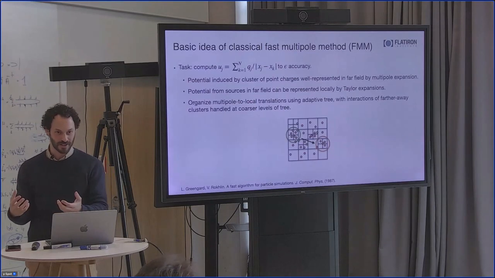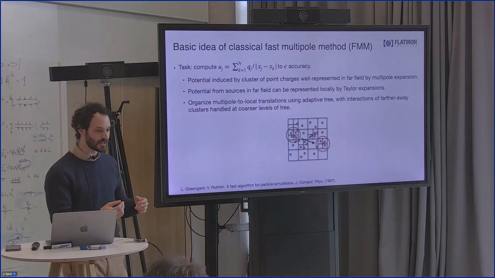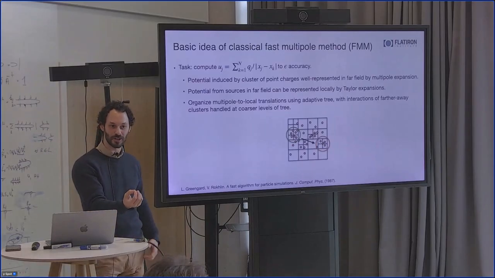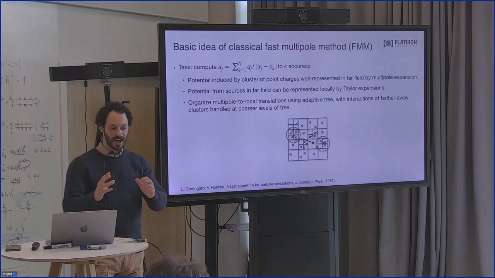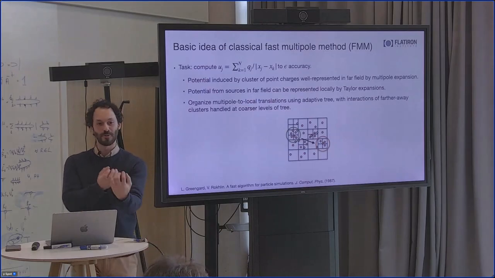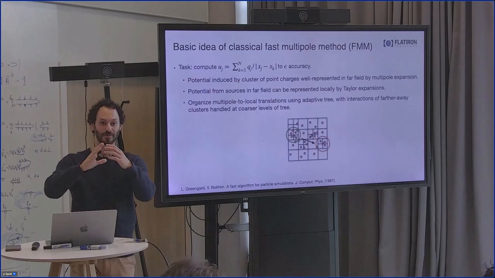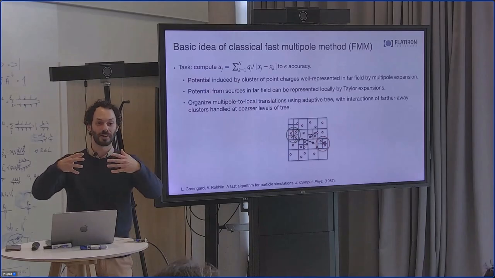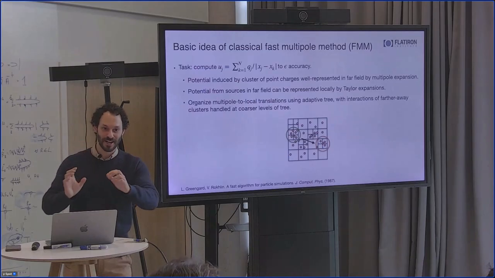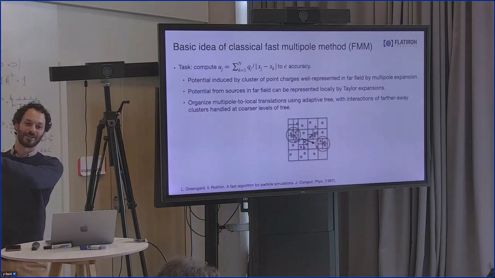That's the basic idea. Another basic idea is that you can build a multipole expansion at a fine level of the tree, and then you have a few multipole expansions, and you can merge them to get a multipole expansion of a bigger cluster at a coarser level of the tree, and you can do the same thing with the local expansions in the other direction.